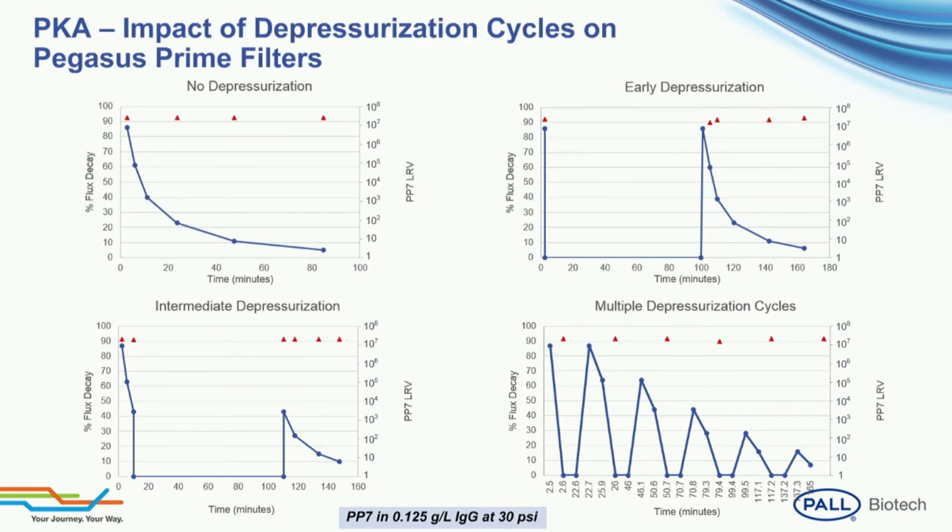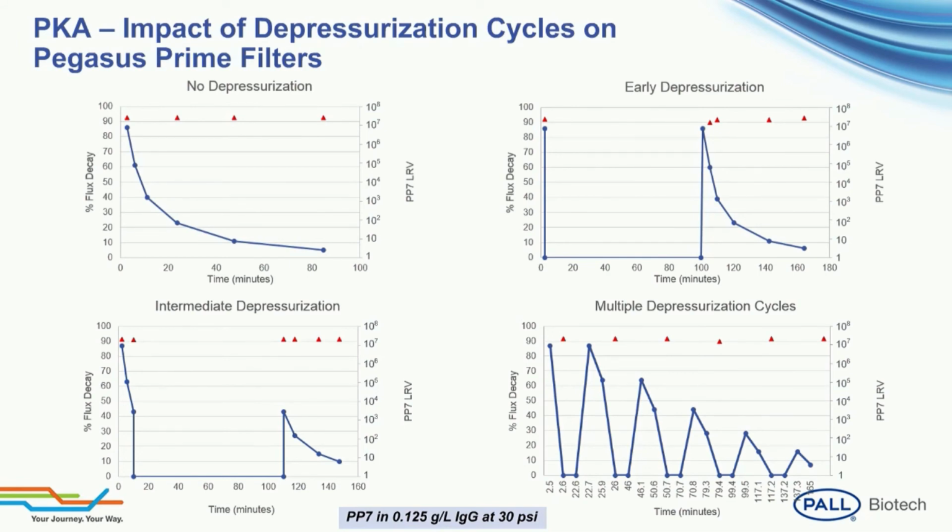With a flux decay of 90%, we could see a high titer reduction of PP7 of greater than 7 log. And the right top graph depicts incorporation of an early depressurization step for 100 minutes and then turned back on, allowed to go for flux decay, and we did not see any impact on log reduction value. You can see that it is around 7 log reduction.